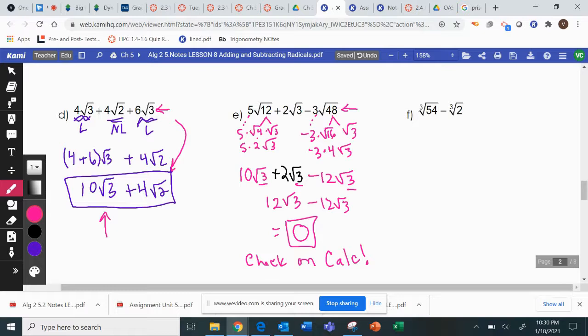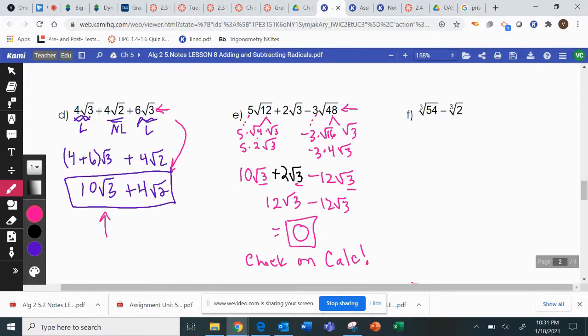I'm just going to double check. I'm just using my calculator right in front of me here. Sorry, I'm not doing it on the screen. But you saw me make a bunch of mistakes already, so we're going to find out if I made any mistakes on this one. Nope, the answer is 0, so I'm correct.